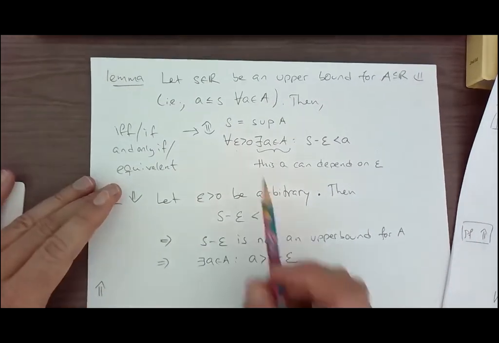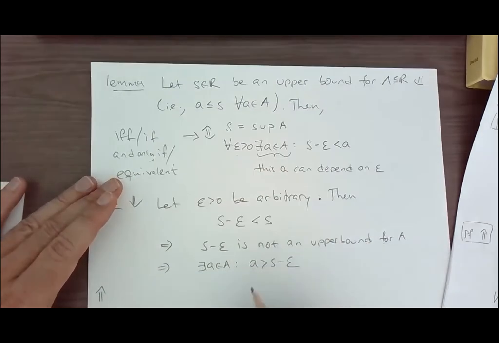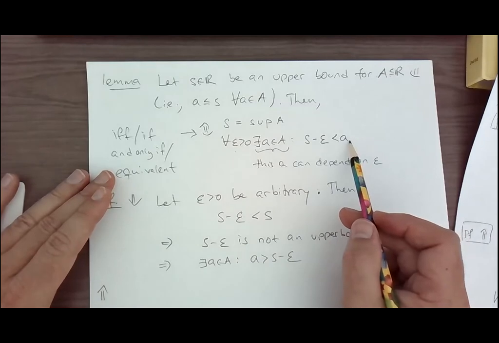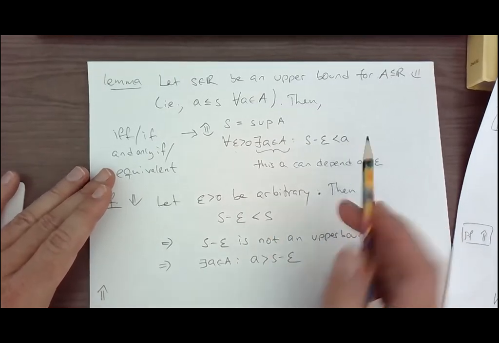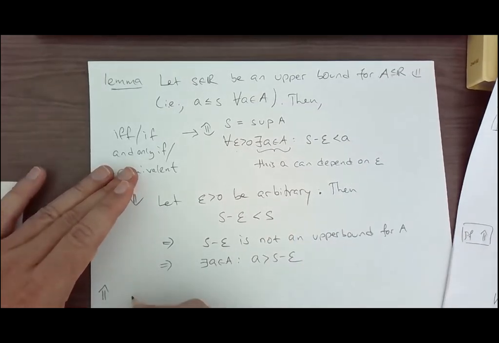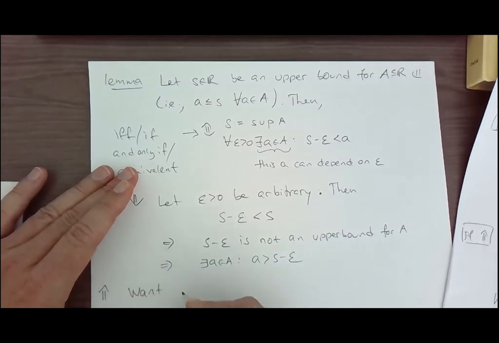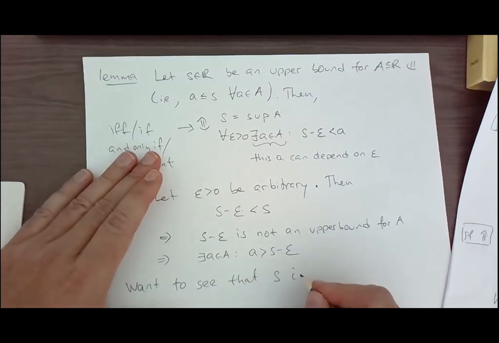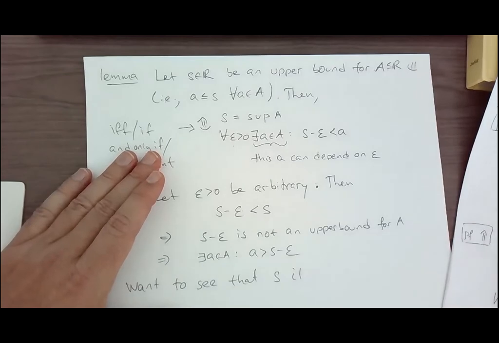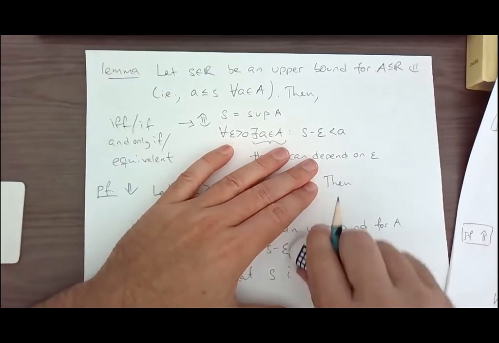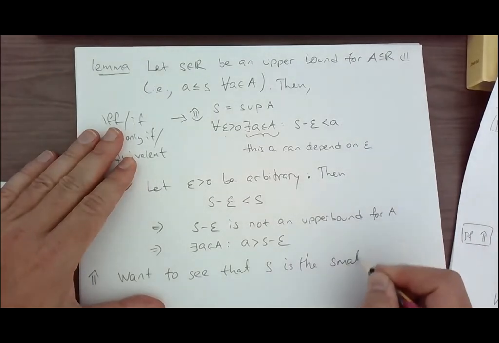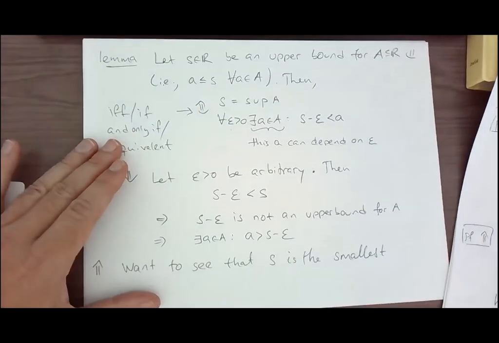So given that S is an upper bound, we want to prove that this property encodes the smallness property, and we want to see that S is the smallest upper bound.